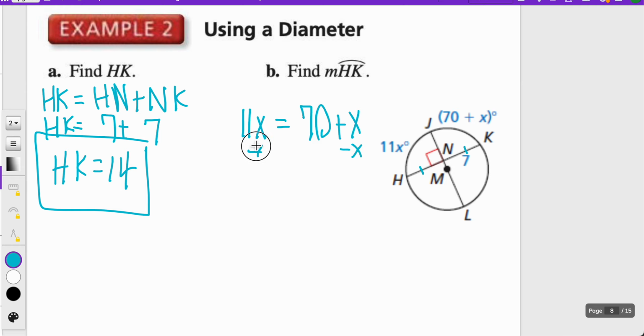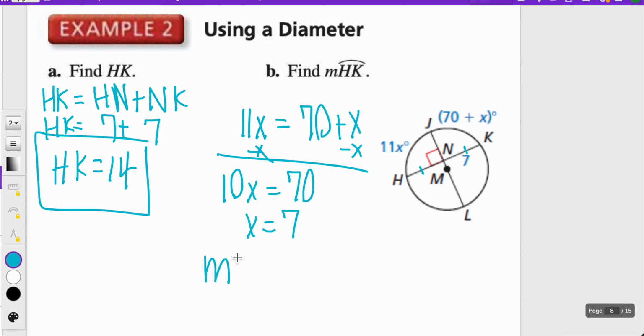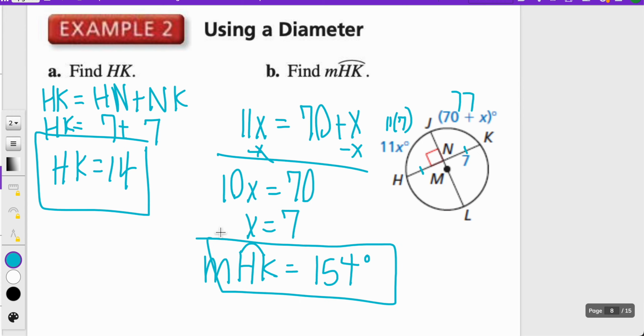I'm going to subtract, getting all my x's on the left side, so 10x is equal to 70. That means x is equal to 7. So the measurement of arc HK is just 11 times x, or 11 times 7, which is 77. That's going to give us 154 degrees. Okay.